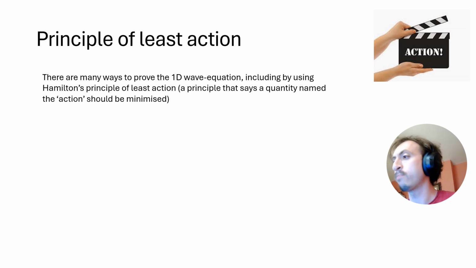Now, Hamilton's principle of least action sounds really fancy, and in some ways it is, but at its core it says that if we look at the dynamics of something, we can describe a quantity called the action, and each mathematical description of its hypothetical dynamics would have a particular value for the action associated with it.